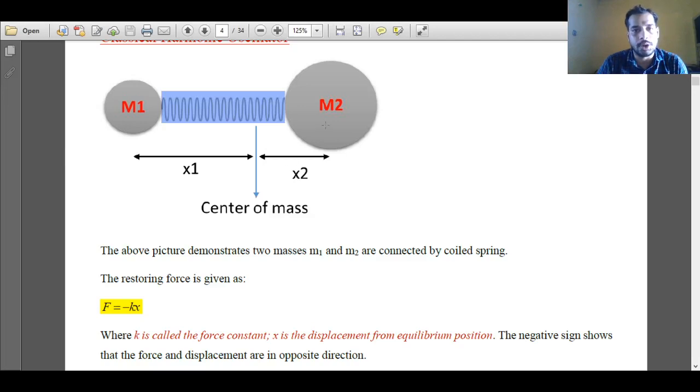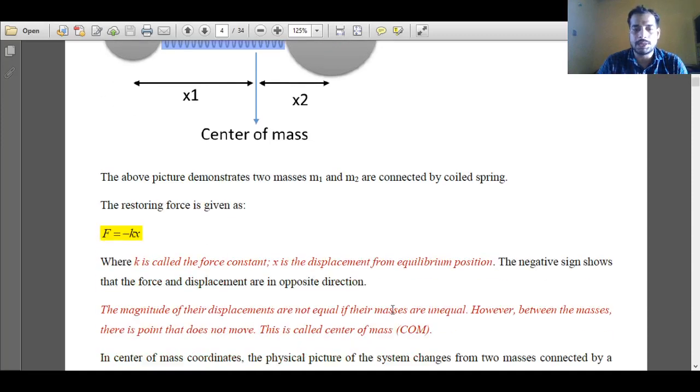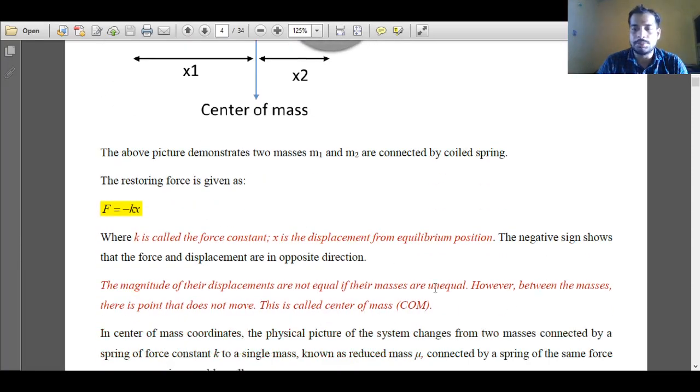Suppose for m2 the displacement is x2 and for mass m1 the displacement is x1. If I apply the same force to displace both masses, the displacements will be different. The heavier mass will have a smaller displacement, and the lighter mass will have a higher displacement. However, between the masses there exists a point that does not move.